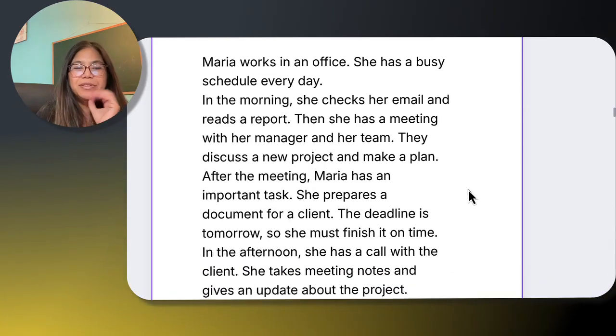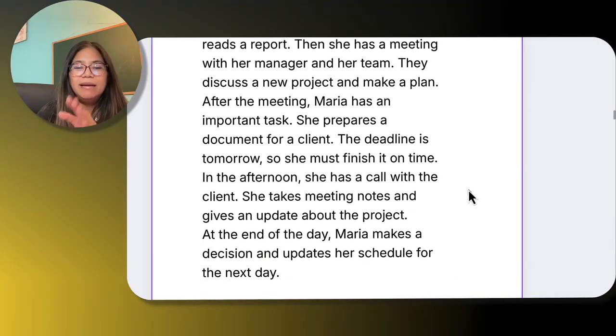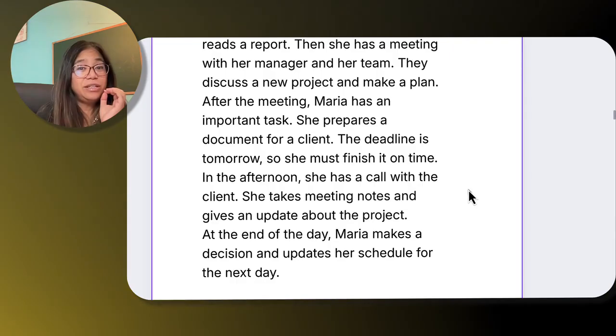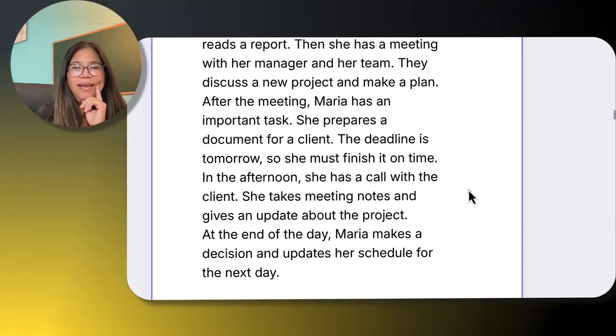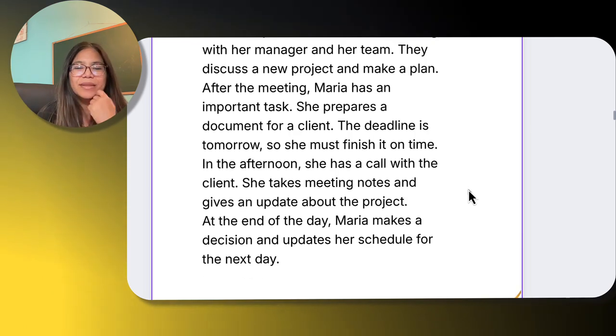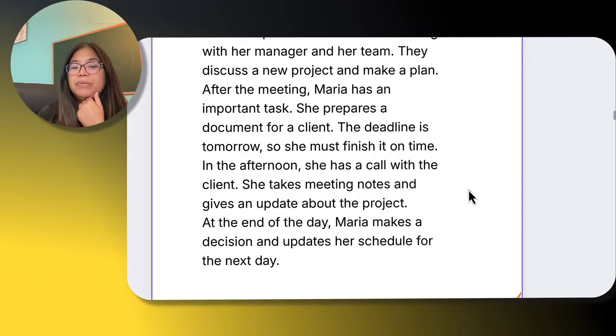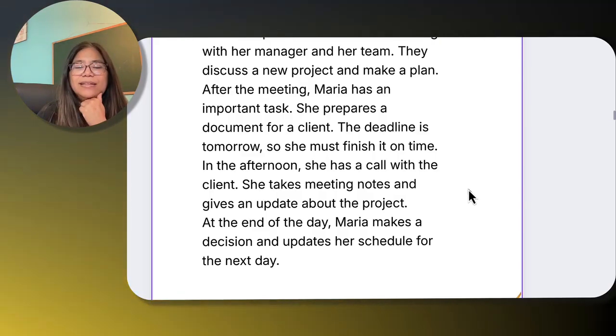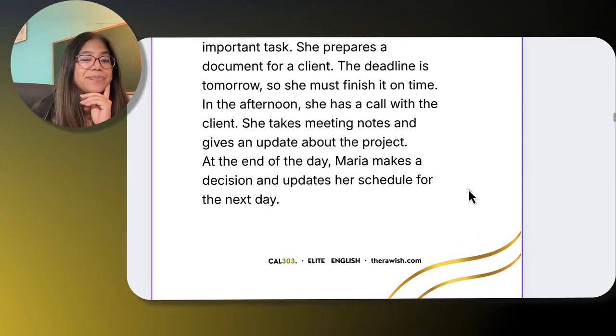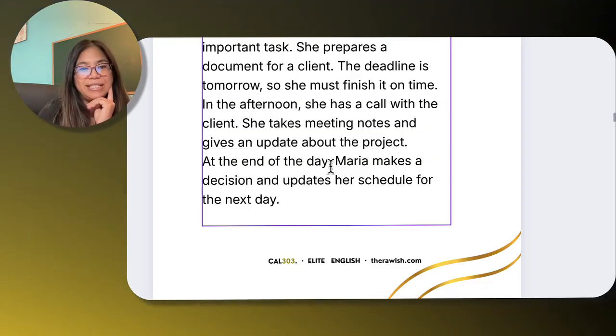She prepares a document for a client. The deadline is tomorrow. She must finish it on time. In the afternoon, she has a call with the client. She takes meeting notes and gives an update about the project. At the end of the day, Maria makes a decision and updates her schedule for the next day.